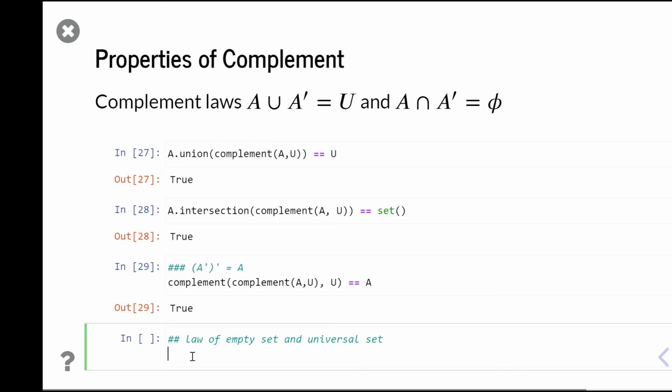So the complement of the empty set with U gives the universal set, and the complement of the universal set gives the empty set.